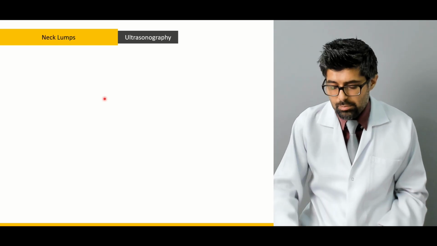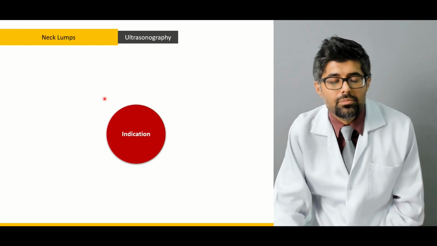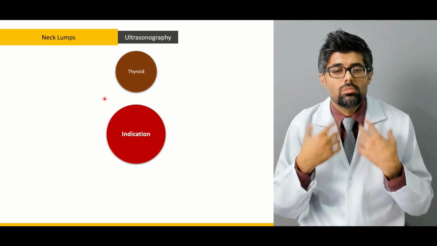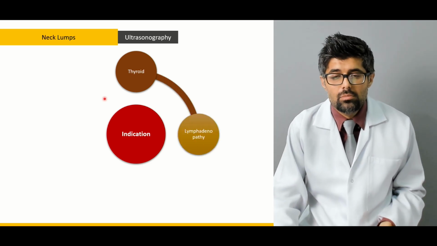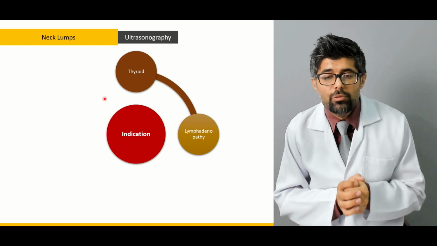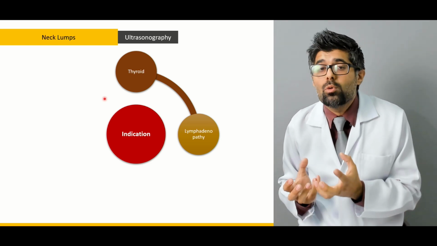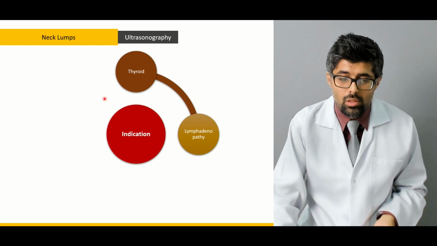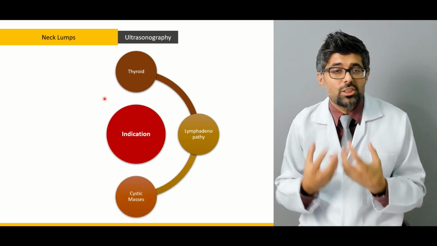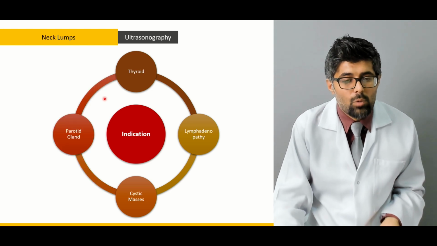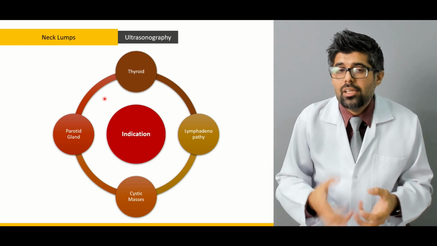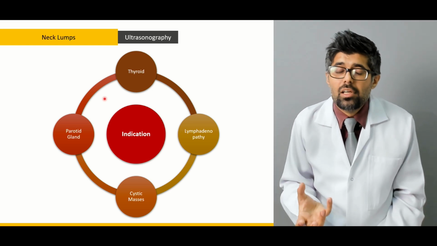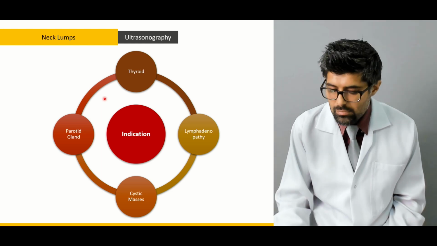Mostly, neck lumps are divided into neck lumps or nodules from the thyroid, or there's some kind of lymphadenopathy where the lymph nodes are swollen, there's some kind of cystic mass, or there's swelling of the parotid gland. Now, the parotid gland is one of the major salivary glands in our body. So let's get on with it.